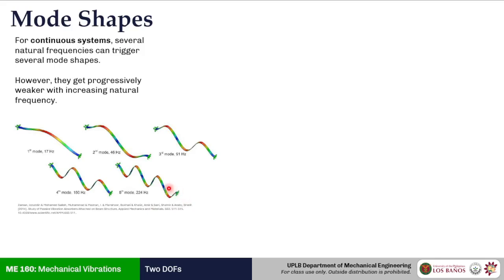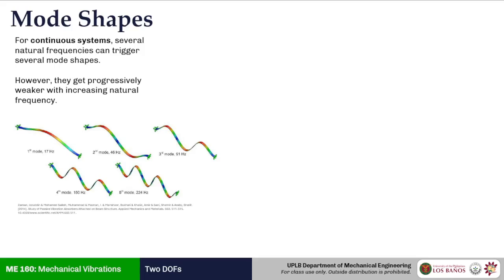Perhaps, for example, if you have this beam here and you expose it to numerous natural frequencies, the only thing that you can discern would be modes 1 through 4. It's possible. So if the influence of mode 5 is really weak, maybe you can just reject it from the analysis.